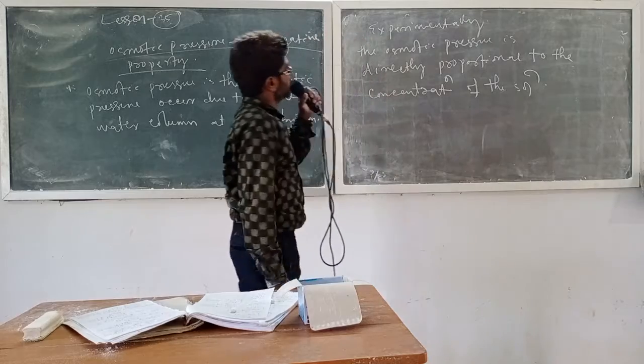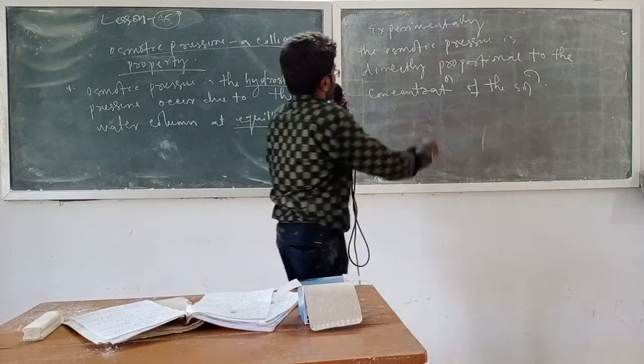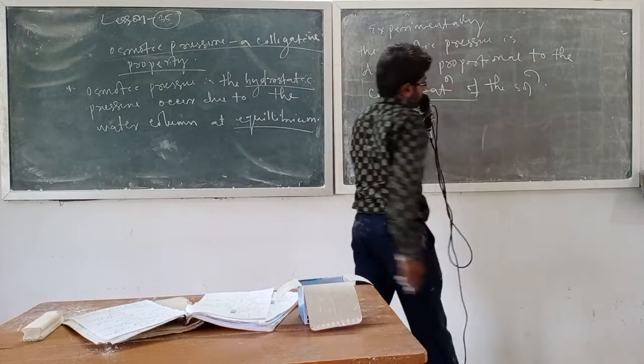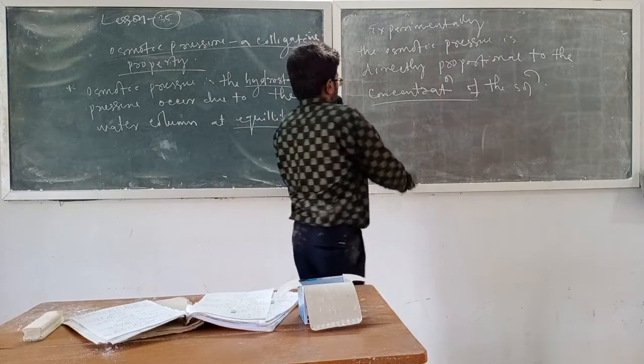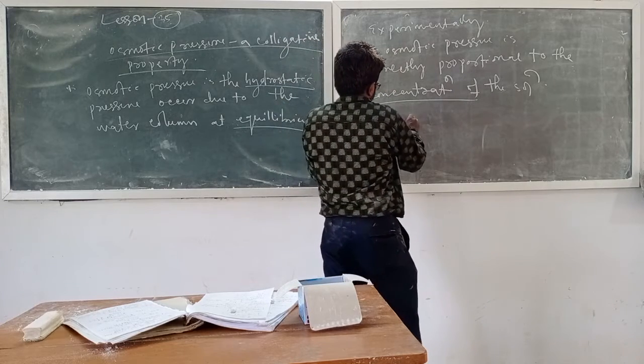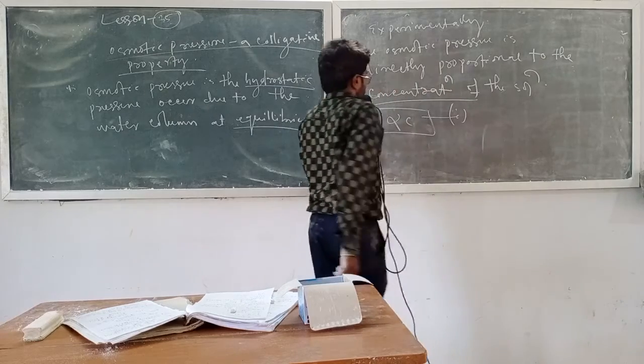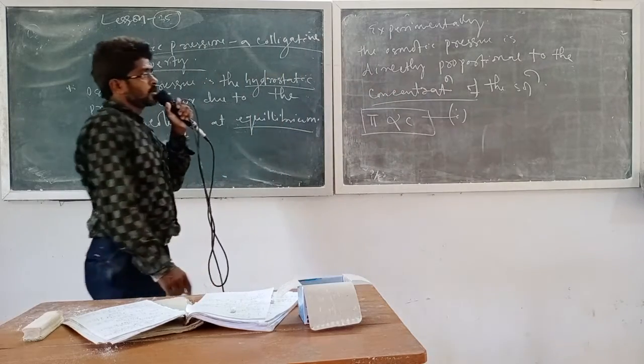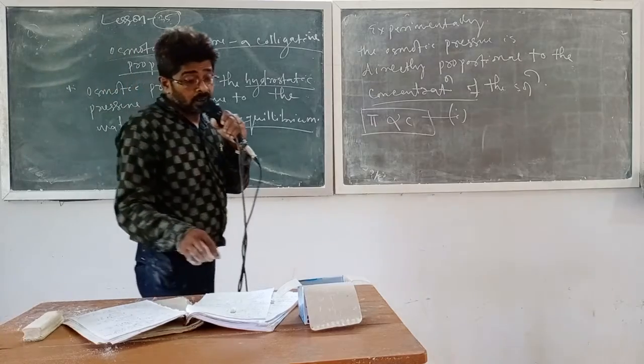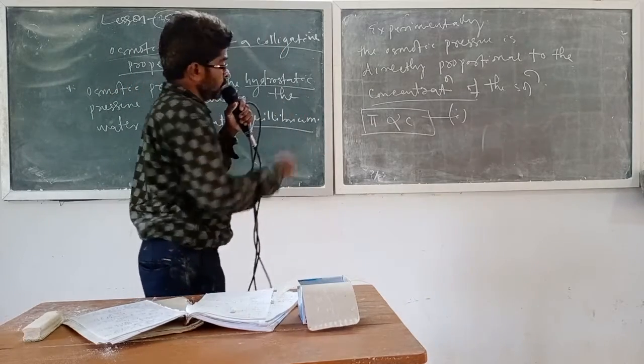It is experimentally proved that the osmotic pressure is directly proportional to the concentration of the solution. That means osmotic pressure pi is proportional to C, and this is equation 1.